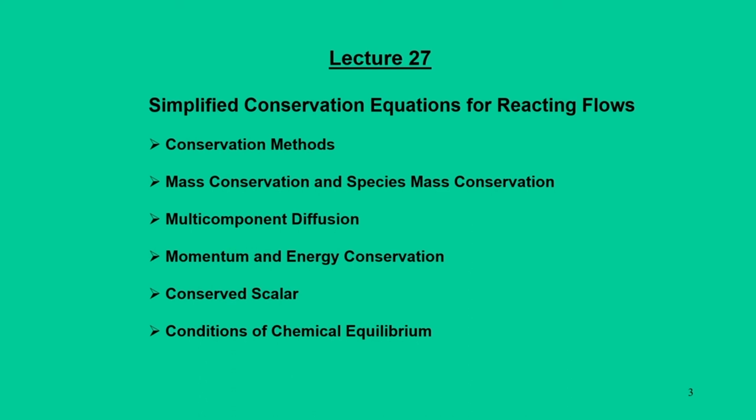So, there is a loss of reactants and a gain in products. In addition, many individual species are formed in the process of reactions, and those species also need to satisfy conservation equations. Those equations we call species mass conservation.